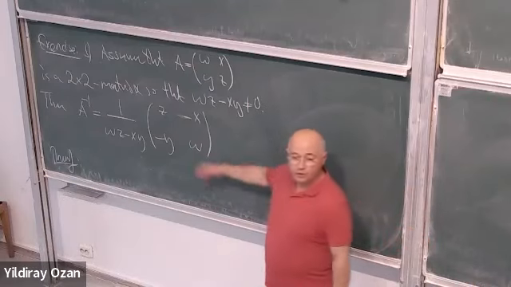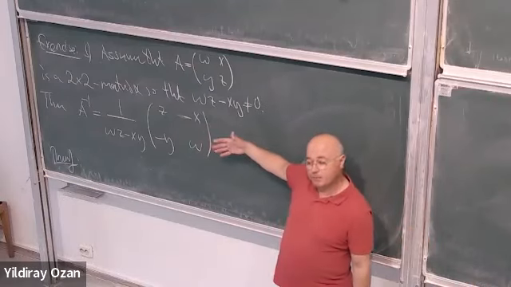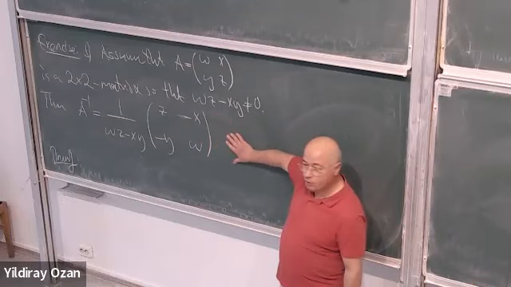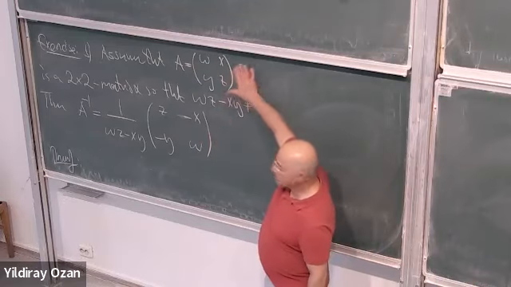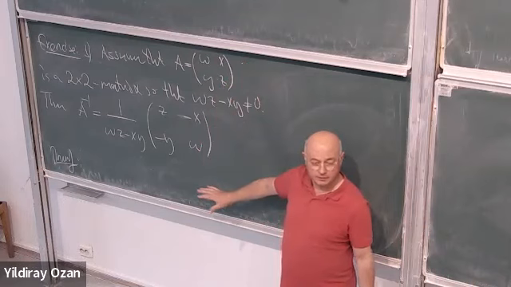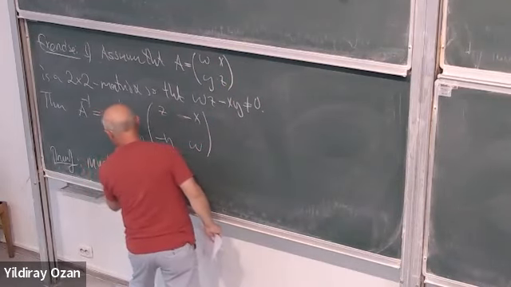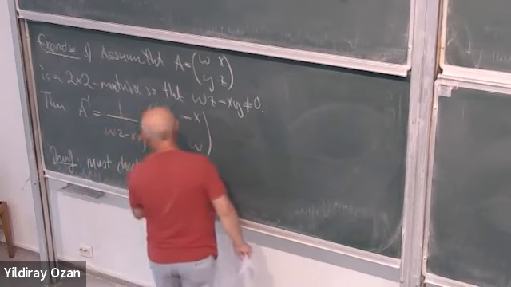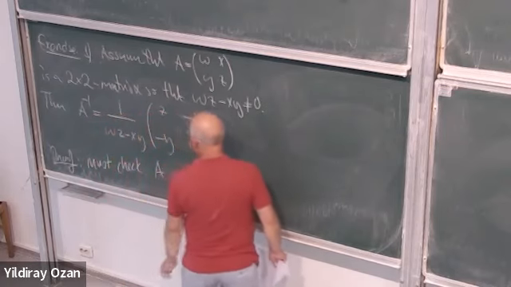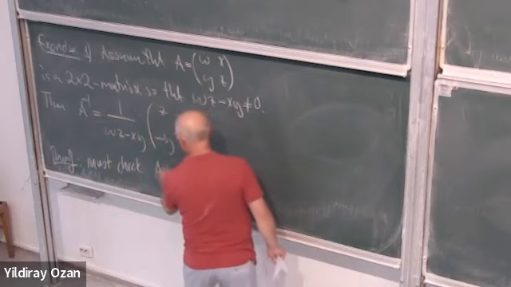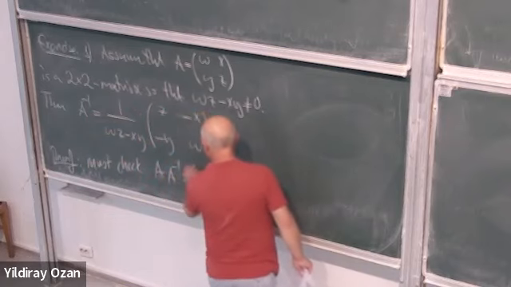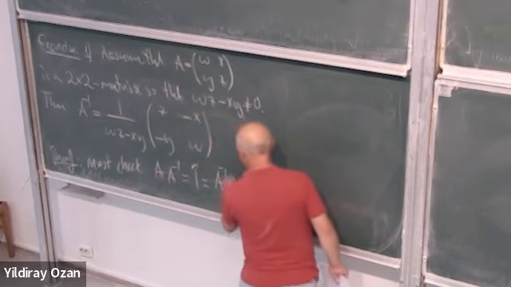Yes. We use the definition. What is the meaning of inverse? If this is the inverse, then this matrix times this matrix should be identity, right? So you must check that A times A inverse is identity and A inverse times A is identity.